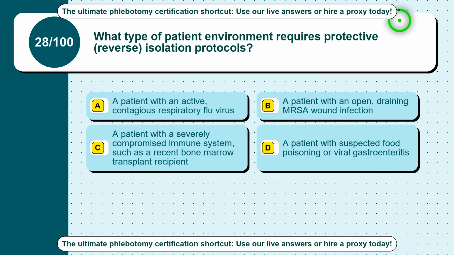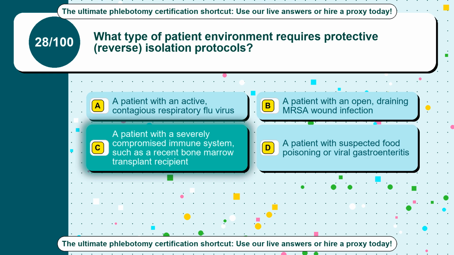Question 28. What type of patient environment requires protective, reverse, isolation protocols? Option A, a patient with an active, contagious respiratory flu virus. Option B, a patient with an open, draining MRSA wound infection. Option C, a patient with a severely compromised immune system, such as a recent bone marrow transplant recipient. Option D, a patient with suspected food poisoning or viral gastroenteritis.